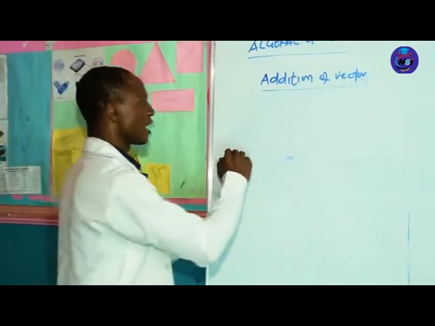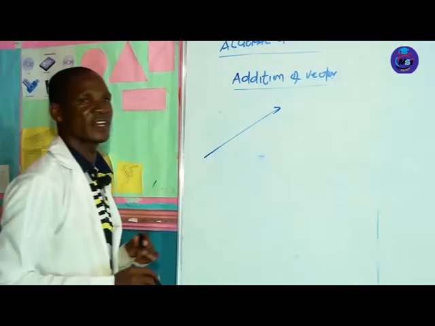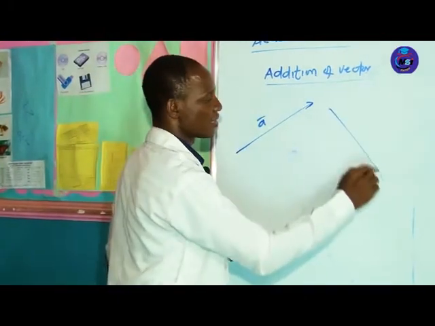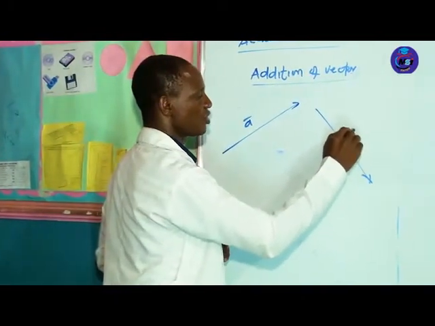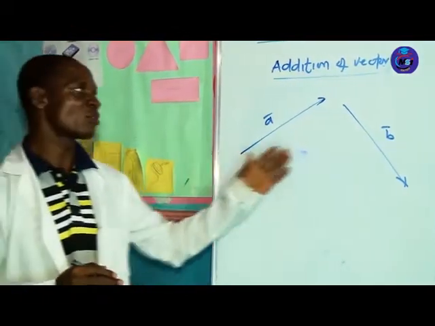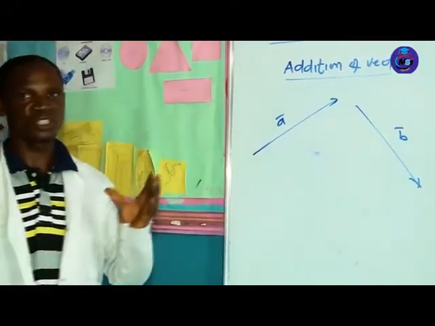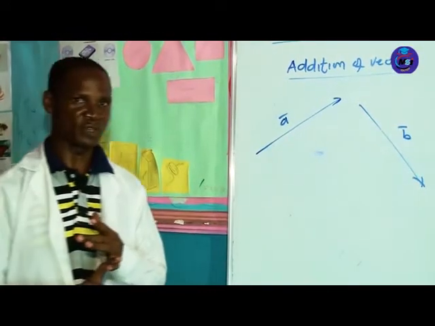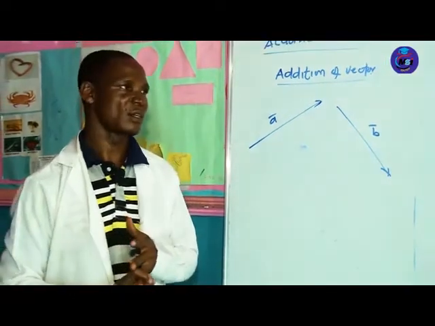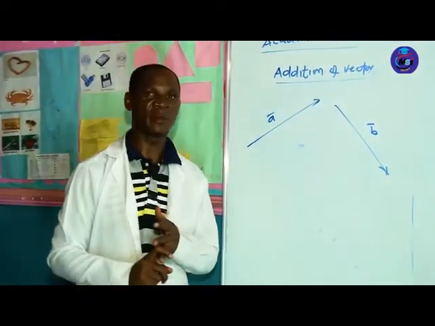If we are given a line like this, that is vector A, and another line like this, that is vector B, one thing you need to understand is this: to add the two together, you must not alter the magnitude of each vector, and you must not change the direction. Those two things are very important.